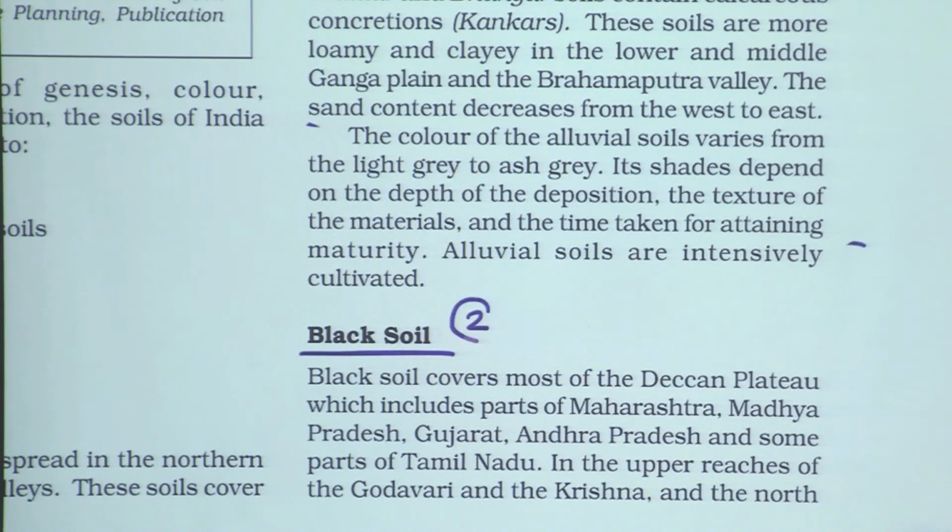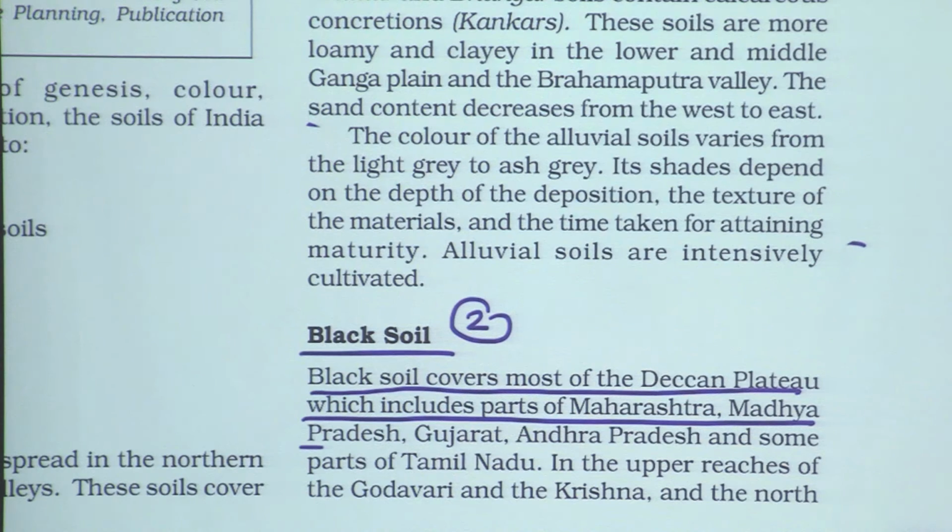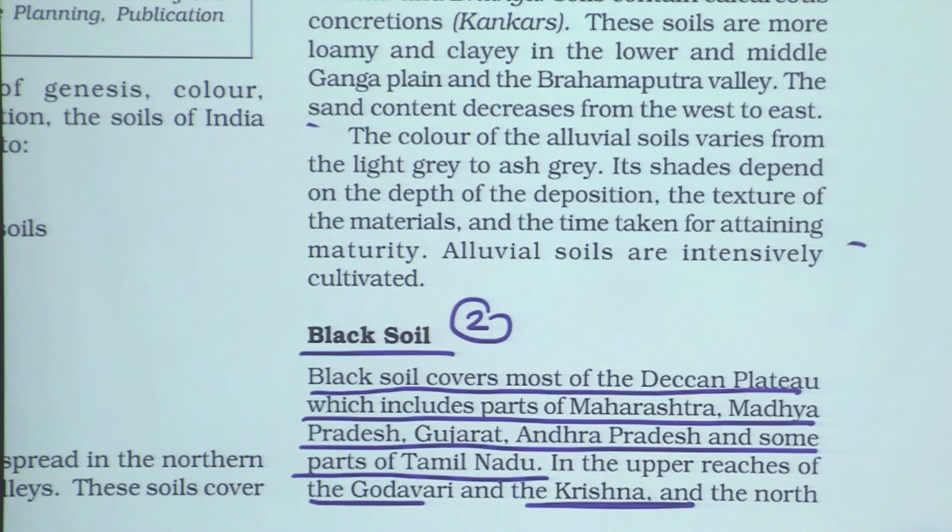Black soil, soil number 2. Black soil covers most part of the Deccan Plateau, which includes parts of Maharashtra, Madhya Pradesh, Gujarat, Andhra Pradesh and some part of Tamil Nadu. Upper reaches of Godavari, Krishna is also written in our NCERT. We want to first see the map.